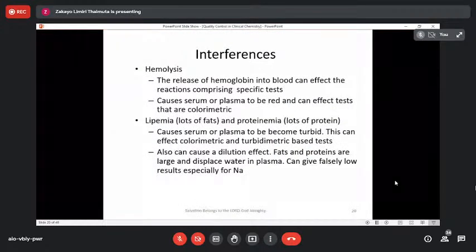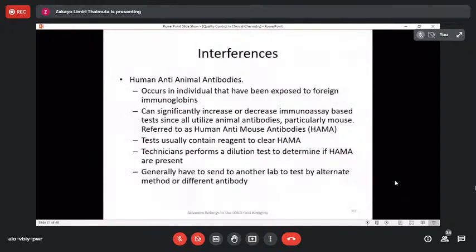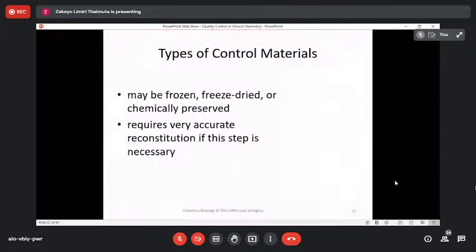Interfering components include hyperbilirubinemia, hyperproteinemia, that is high levels of protein, and lipidemia, which is high levels of lipids in the specimen. These are some of the interfering factors. Animal antibodies can interfere with the results as well. And this is occurring in the analytical process.